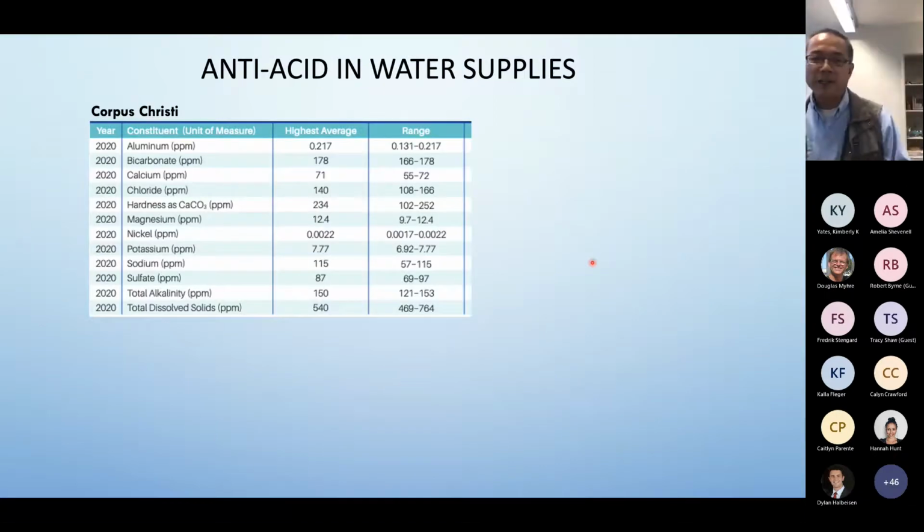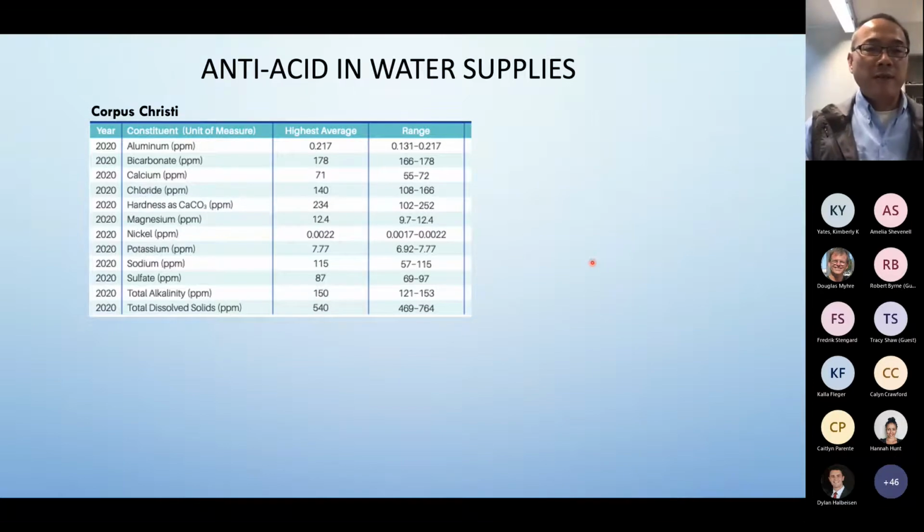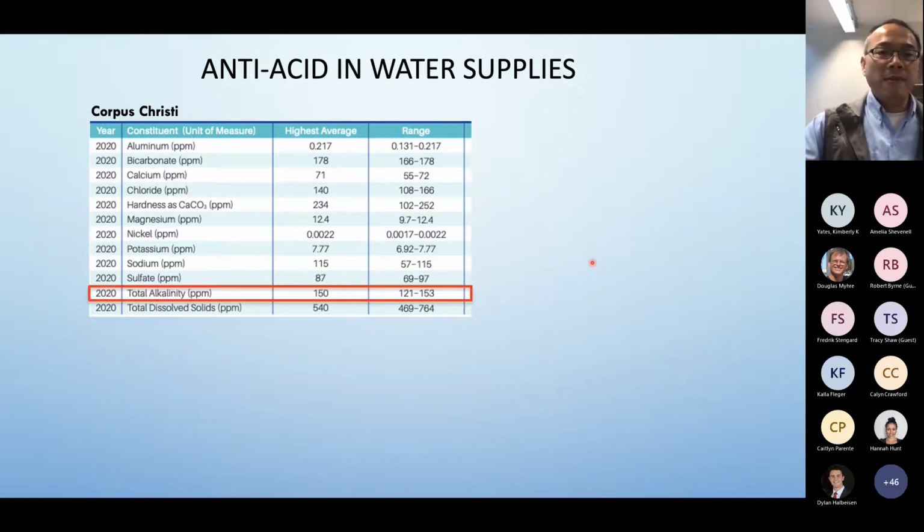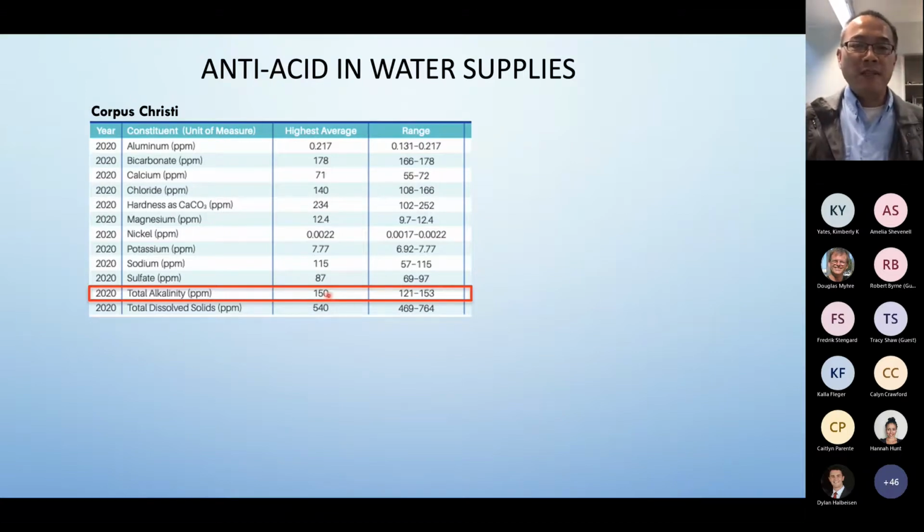But before we go into the detail, I just want to show you the city water quality report that I got from two different places. Here is the latest water quality report from the Corpus Christi utilities department. If you look at the alkalinity of our city water, the average concentration is 180 ppm.